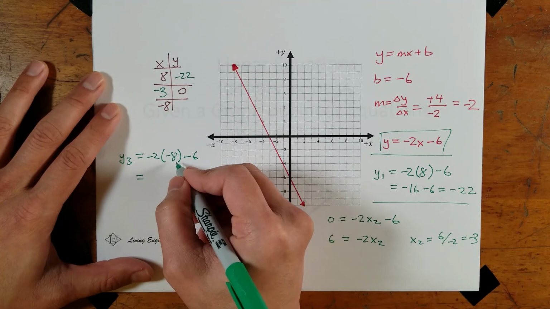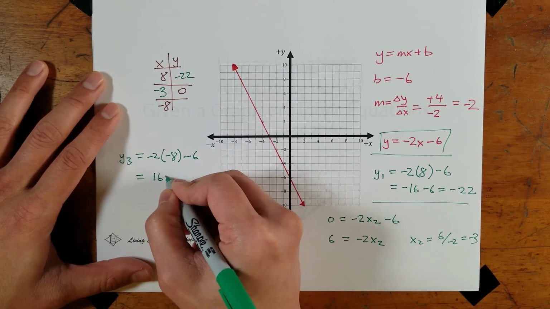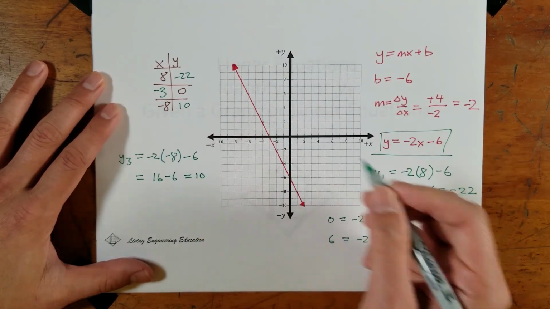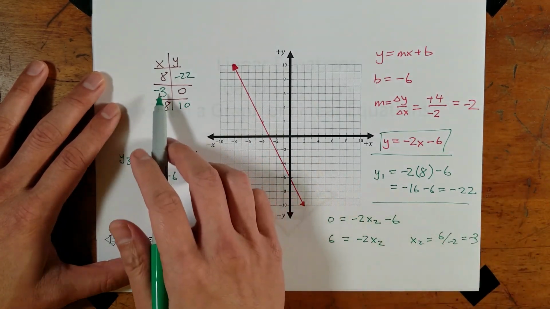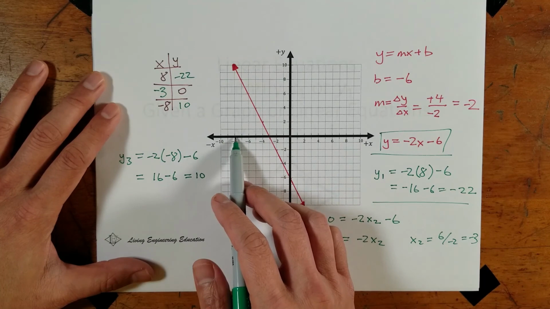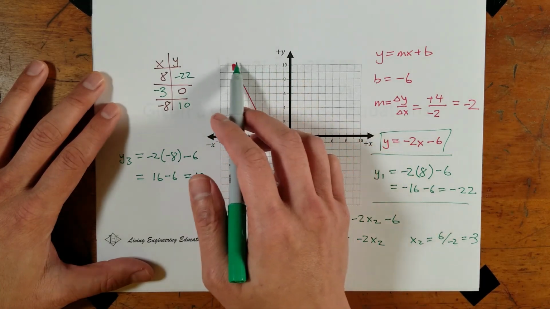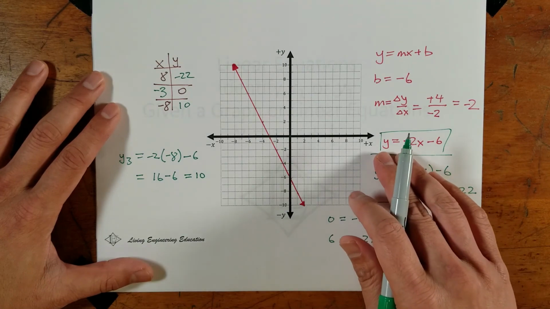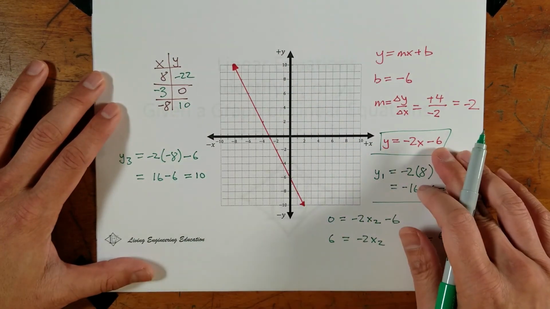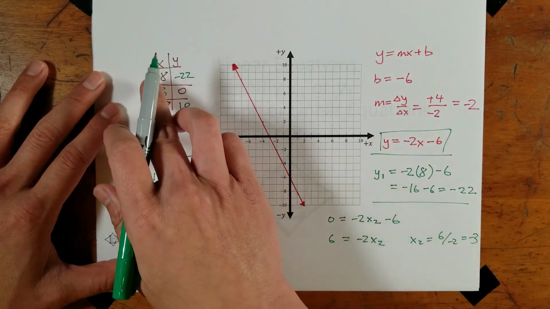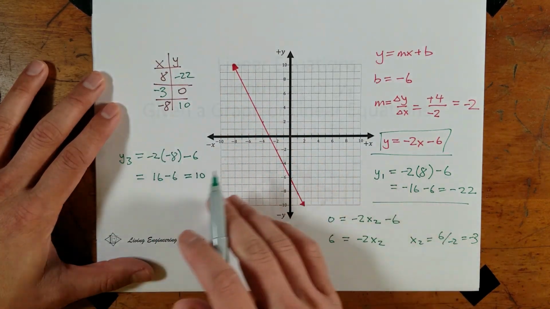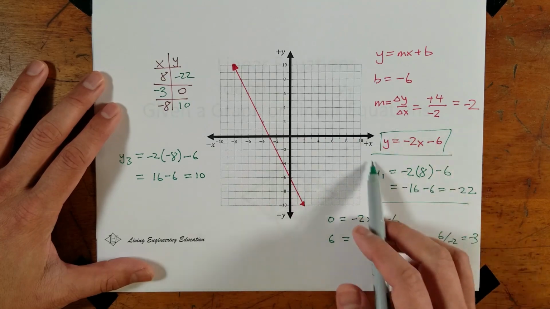So negative 2 times negative 8 gives us 16, minus 6 is equal to 10. This one we can check as well. So at x equals negative 8, we're right here, go all the way to the top, that's equivalent to y equals 10. So you can see that once we have the graph or the linear equation, we can solve for any corresponding x or y value because we have everything we need to know about the linear equation.